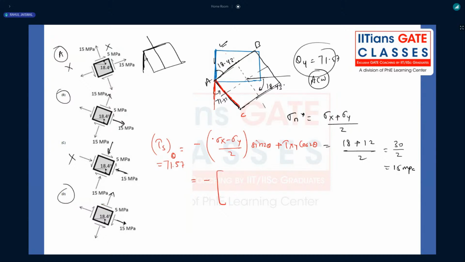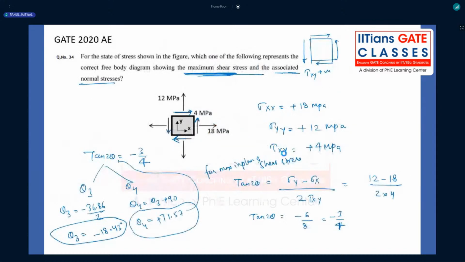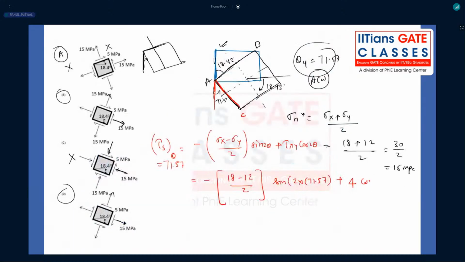Now, what is sigma x? We know that: 18 minus 12 divided by 2. Now, sine 2 times 71.57. Is any tau xy there? Yes, we have 4 cos 2 times 71.57. Now you tell me the final values. What value are you getting with the sign?